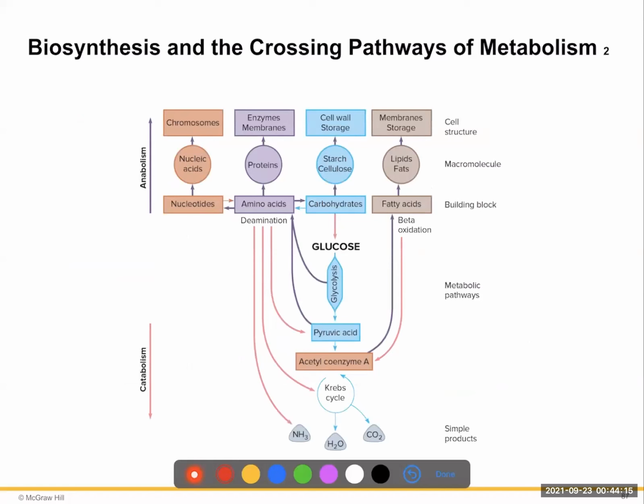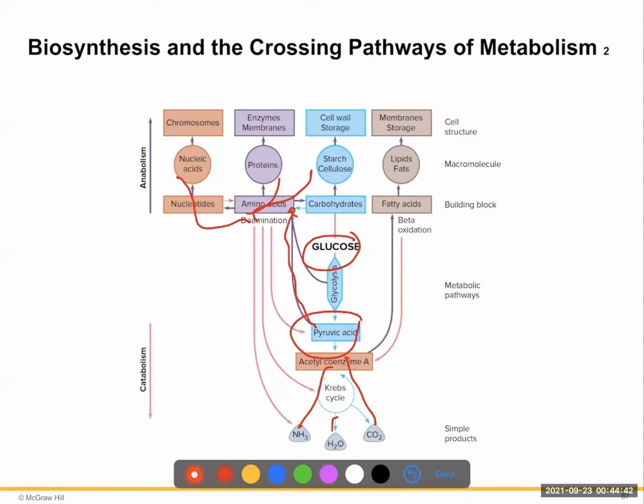Okay. So nucleic acids, proteins, these are the different biosynthesis products of what we can do. So glucose, we can break down to pyruvic acid, burn through the Krebs cycle to make energy. Okay. Or we can use the different parts, like the pyruvic acid can go to make amino acids, which can make nucleotides here or proteins here, or put in different carbohydrates or starches.